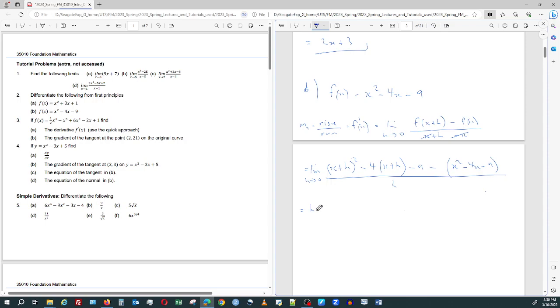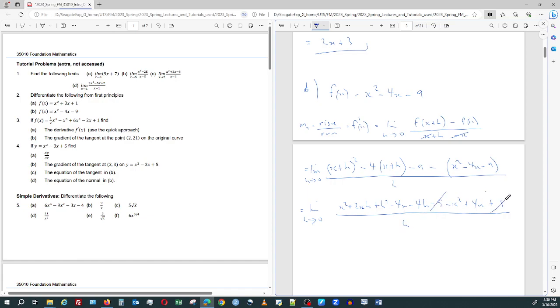Okay, so limit as h approaches 0, x squared plus 2xh plus h squared minus 4x minus 4h minus 9 minus x squared plus 4x plus 9 all over h.